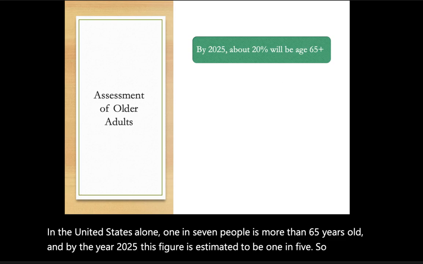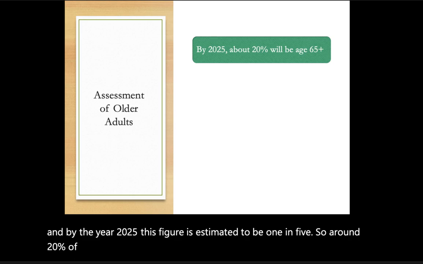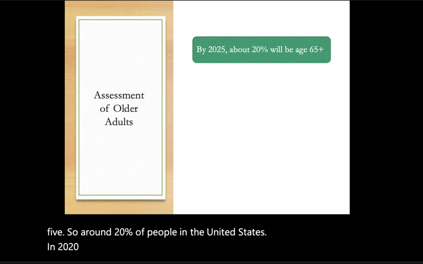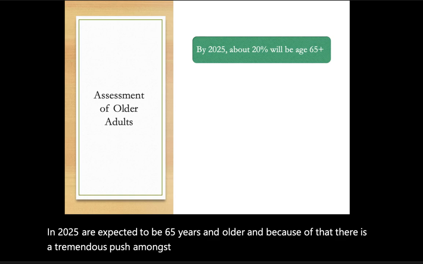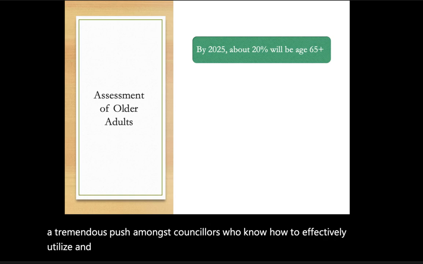So, around 20% of people in the United States in 2025 are expected to be 65 years and older. And because of that, there's a tremendous push amongst counselors to know how to effectively utilize and engage in assessment for folks who are over the age of 65.